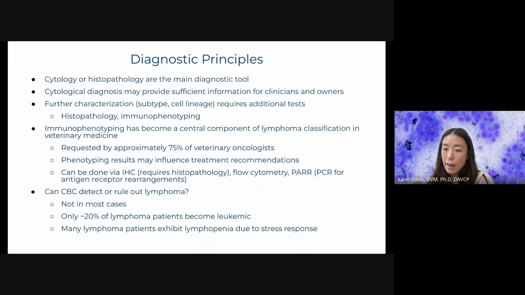So the lymphocyte count is also not a very sensitive indicator of lymphoproliferative disease, except for lymphocytic leukemia. That's a different story. But for lymphoma, CBC is not really a useful tool to rule out or rule in the disease.